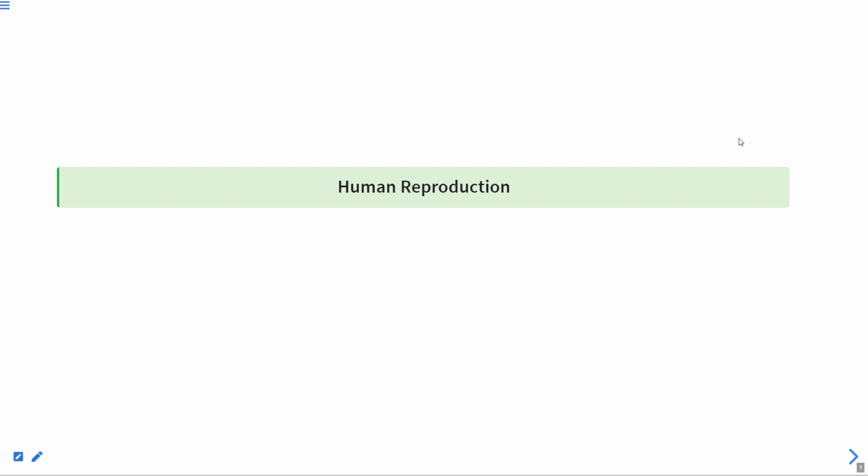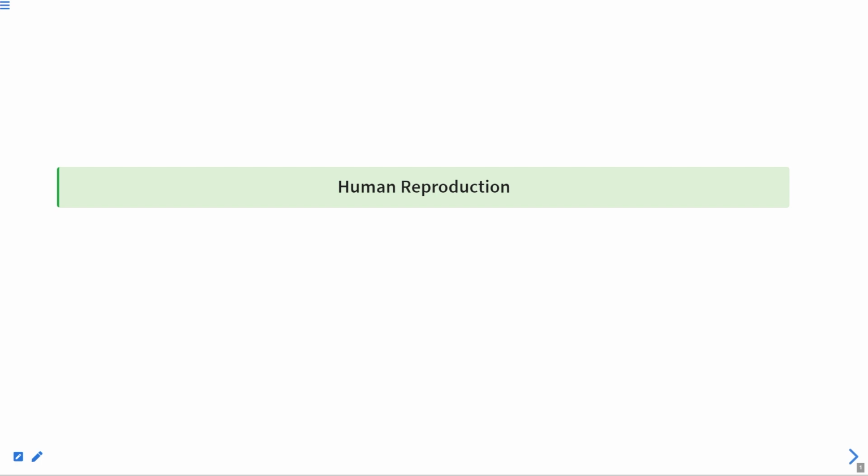Okay, so in the previous lecture we were discussing the male reproductive system, and we also discussed that humans undergo sexual reproduction, in which two parents are required, and both of these parents release the male as well as the female gametes. These gametes are produced in the primary sex organs.